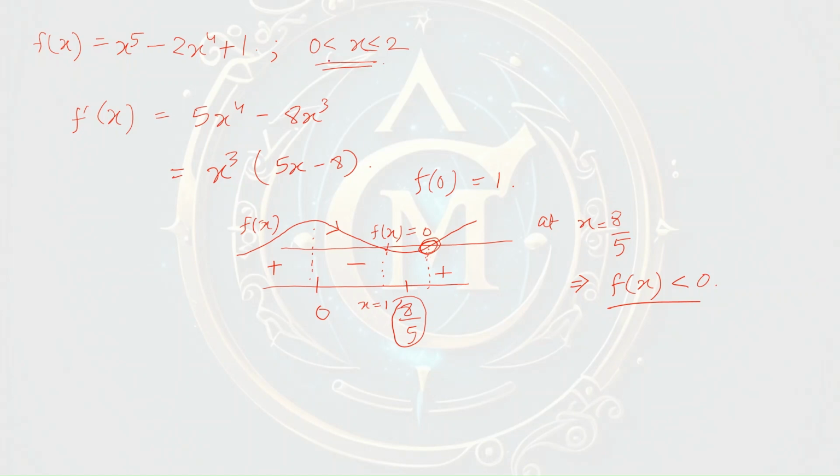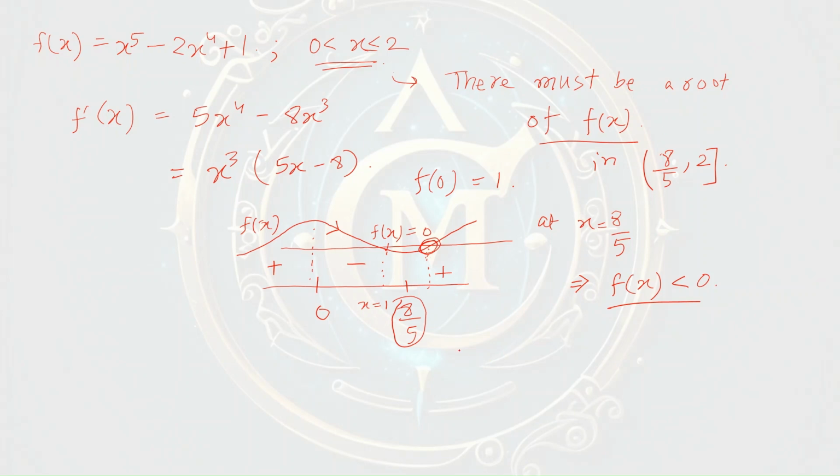So we can say in this interval open 0 to close 2, there must be a root of f of x in open 8 over 5 to closed 2.